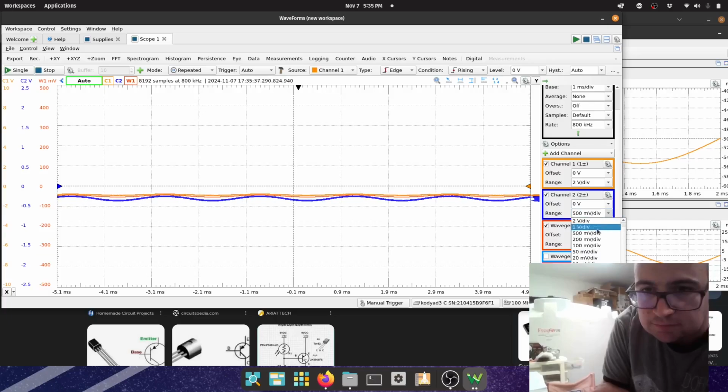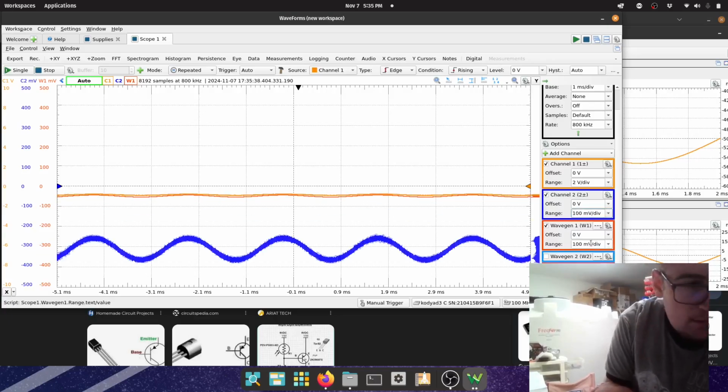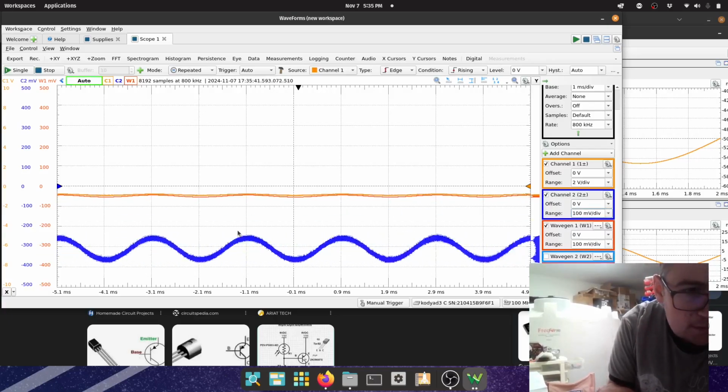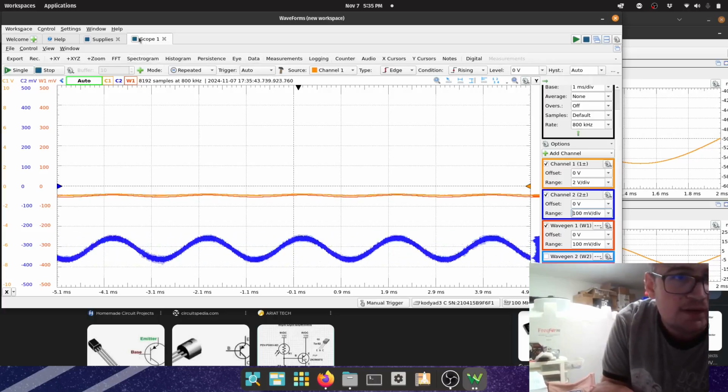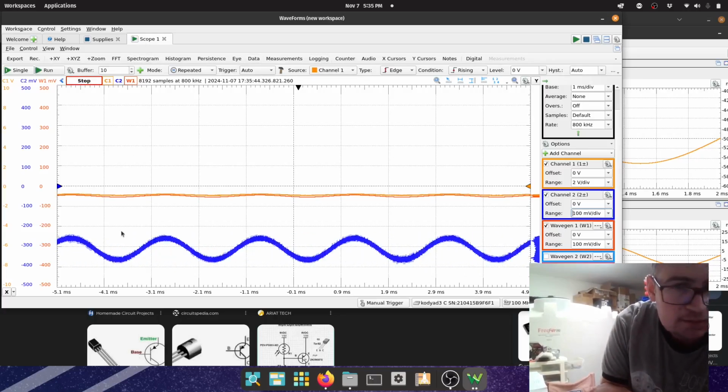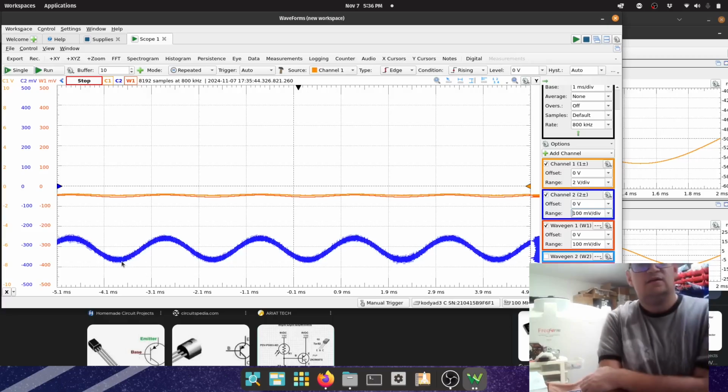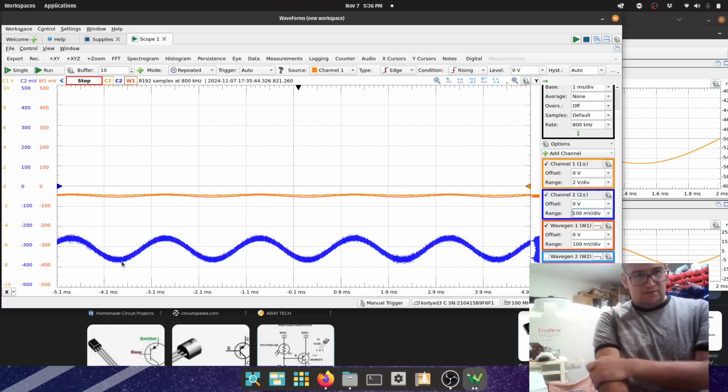Just expand this then. So this is channel 2. That's our output. We're going from about 350 minus 250 to minus 450. So it's saying a little bit more.